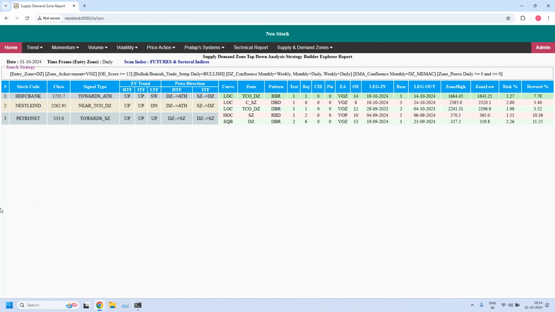All the three stocks are having monthly EMA confluence, and also monthly trend is up, because EMA confluence is valid only in the trending market, not in the sideways market. Excellent. These three are very high probability setup supported stocks. This is based on LTF, ITF, HTF confluence. Earlier we have seen LTF and ITF confluence.